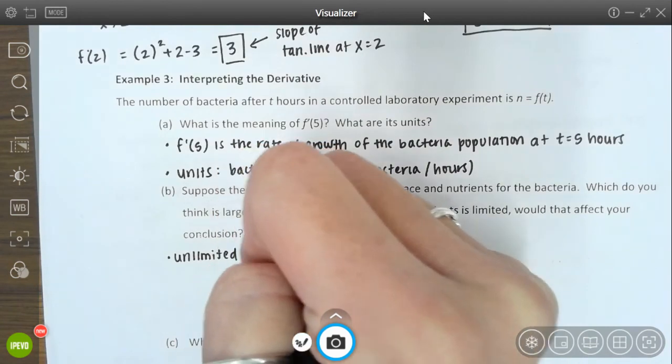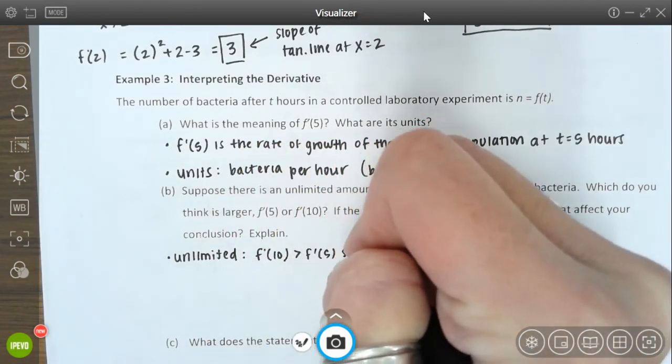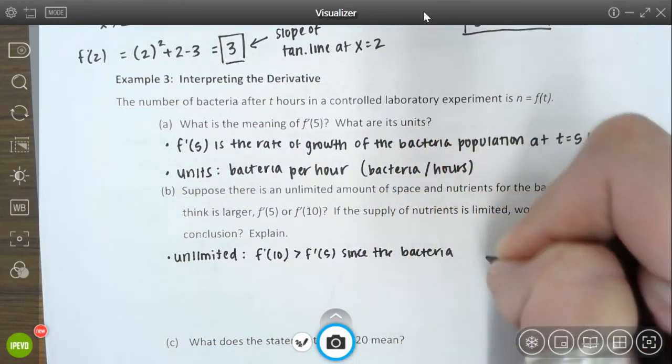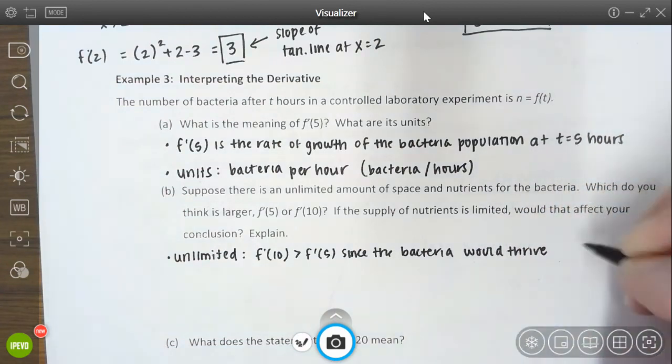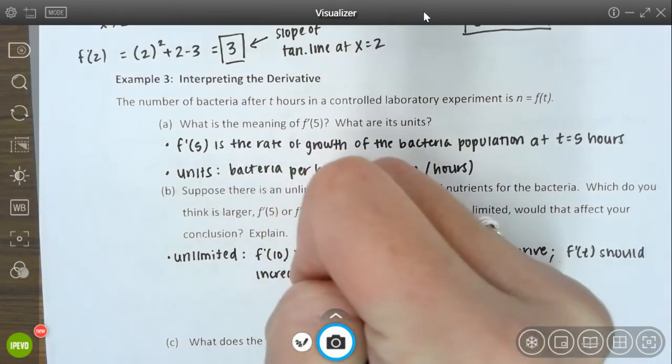So f prime of 10 would probably be larger than f prime of 5, since the bacteria would thrive in that environment. And we should be able to conclude that f prime of any time value should increase as time increases.